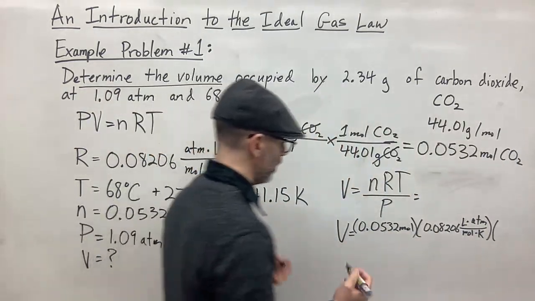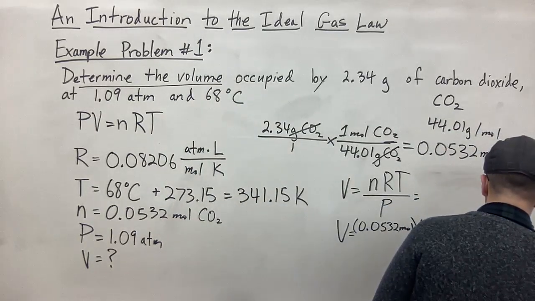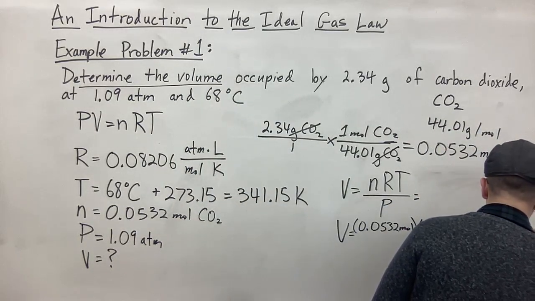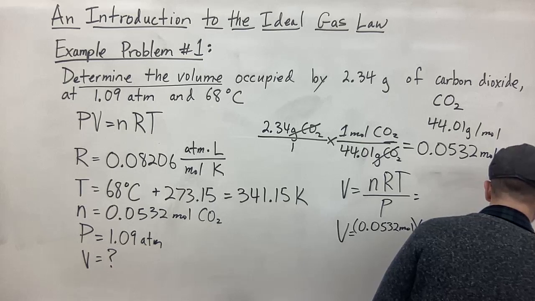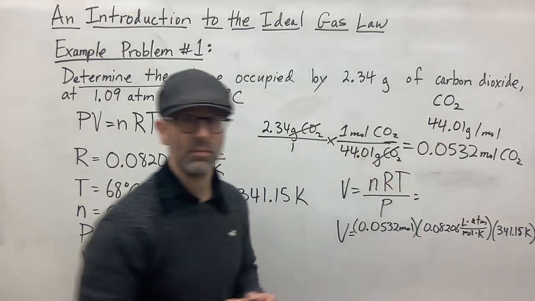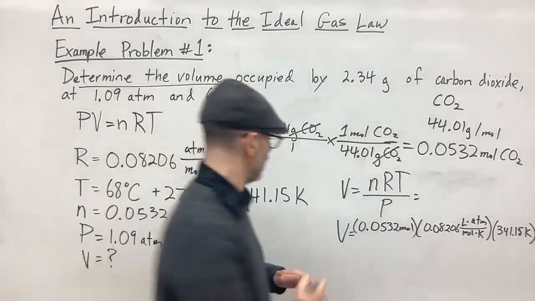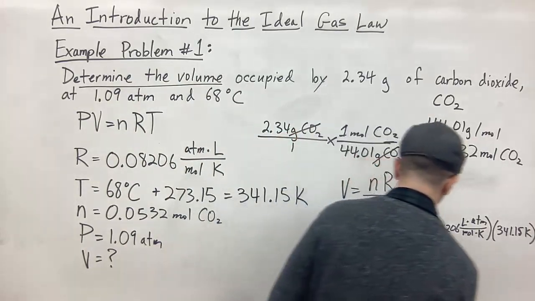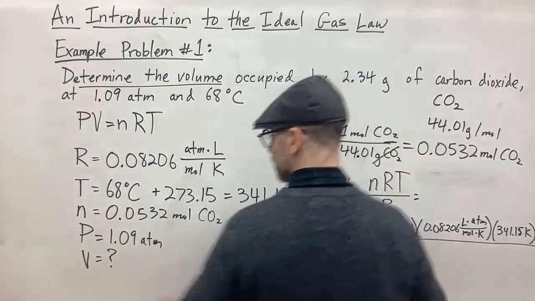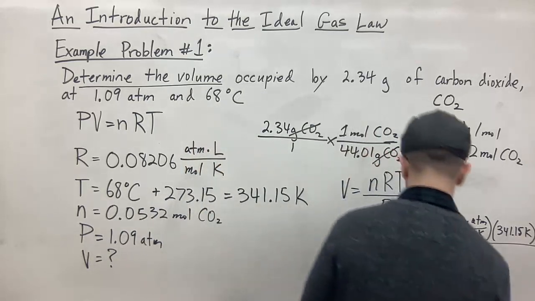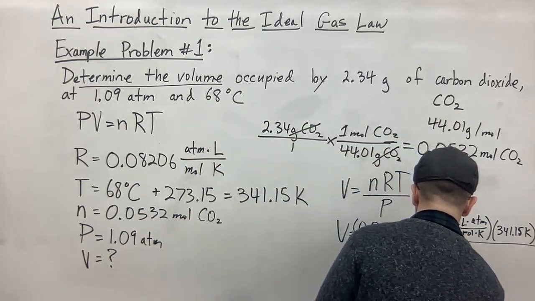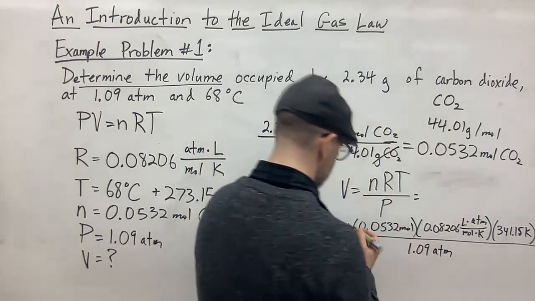So 341.15 Kelvin. Okay. And then all of that is going to be over the given pressure. And the pressure that's given to us is 1.09 atmospheres.